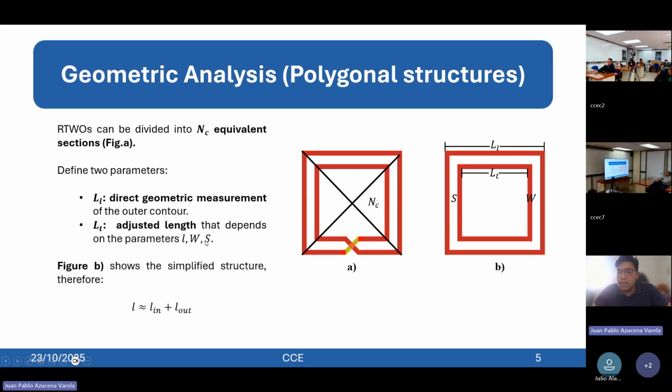So we define two important parameters: the parameter LL, which represents a direct geometric measure of the outer contour, literally the distance between this corner and this corner, and the parameter LT, which is an adjusted length and depends on the parameters L, W, and S. In the figure, B represents a simplified version of the structure, where the total path length can be approximated as the sum of the inner and the outer contour. This approximation is the base of the geometric analysis.